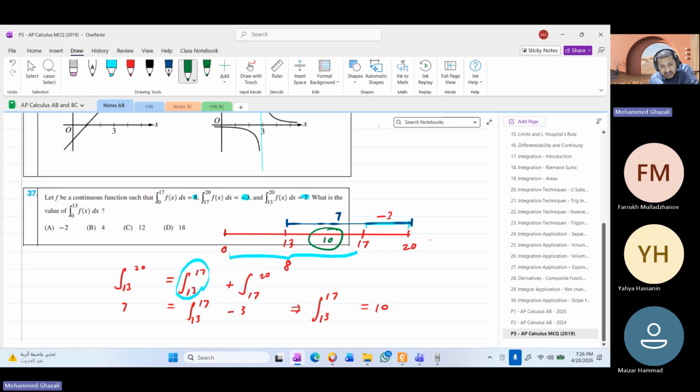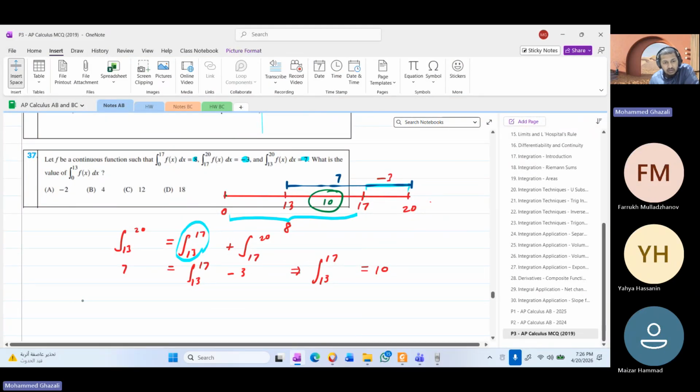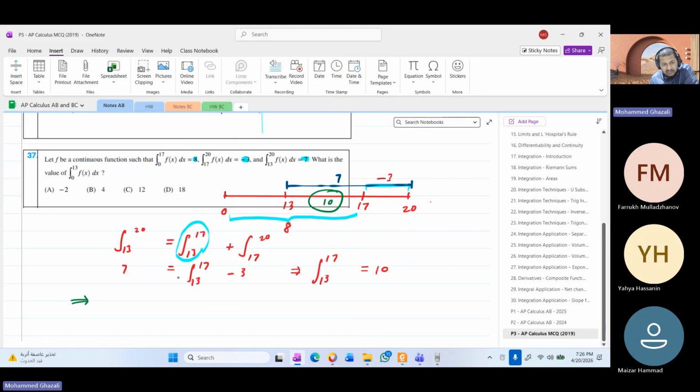And now, 0 to 17 is what? 0 to 17 is 8. We want to find the integral from 0 to 13.